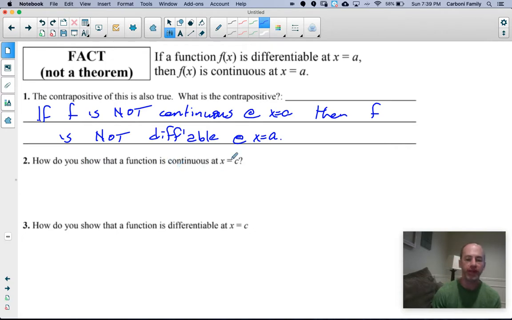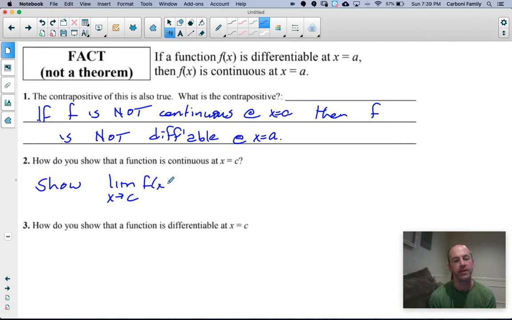To show that a function is continuous, if a problem asks you to show that a function is continuous, you show that the limit as x approaches c of f of x is equal to f of c. That is your limit definition of continuity.